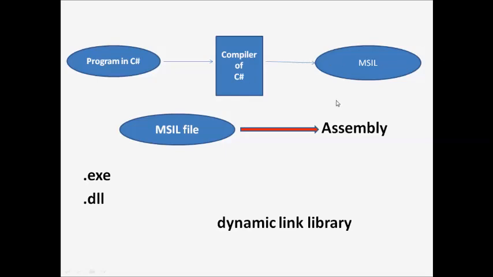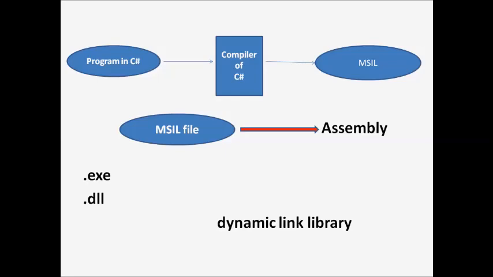Then this MSIL file or assembly will have a .dll extension, because the code which is translated into MSIL code did not have a main method.